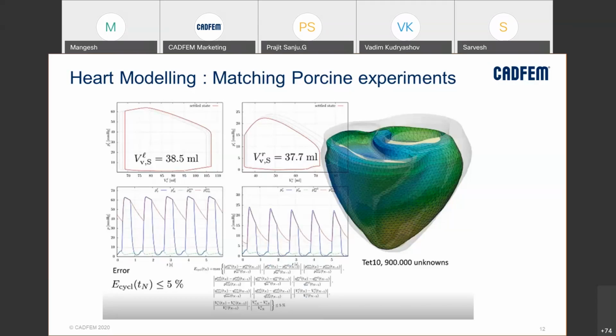Also, you can monitor the pressures developed within these valves, and those are plotted in the lower region. If a surgeon or a cardiologist looks at these plots, they can determine from the values of the pressure and the volume what the performance is, whether it is normal, abnormal, or what is exactly happening. This is how they can come up with a diagnosis for a particular patient, if the heart has been modeled for that patient.